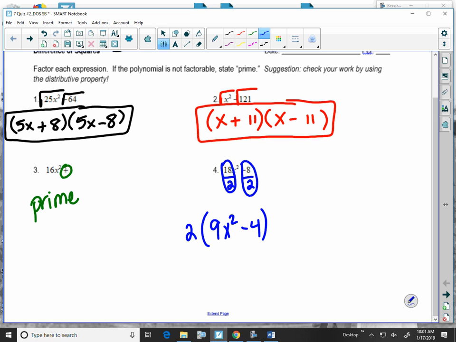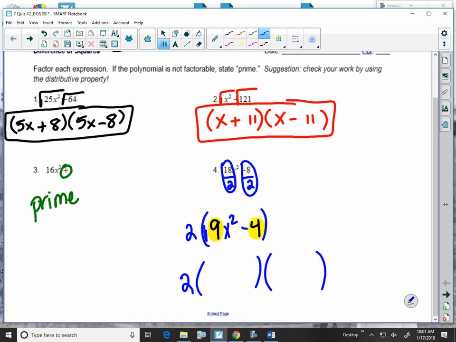Now, sometimes we stop here, but sometimes we can go further. If you look at your numbers on the inside, your 9 and your 4 are perfect squares. That lets us know that we can now do difference of squares on the inside because we have 2 terms, we have subtraction, and we have perfect square numbers.